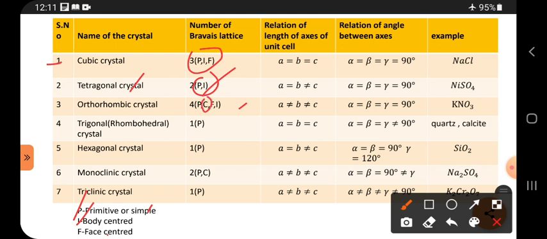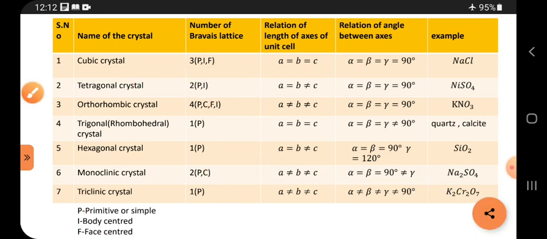Here C has come and here also C has come, base centered. Next, trigonal or rhombohedral. Another name of trigonal is rhombohedral. Only one. Hexagonal 1. Monoclinic crystal 2. Triclinic crystal 1. And what is the logic here?